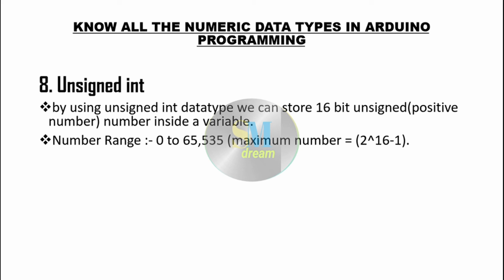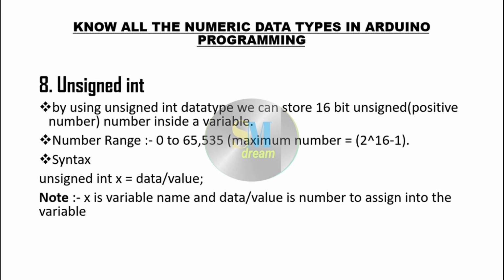So we did not lose any bit for this. So here the minimum value is 0 and the maximum value is 2 to the power 16 minus 1. That is the formula, and the maximum value is 65535. So the syntax is this, and this is the example.